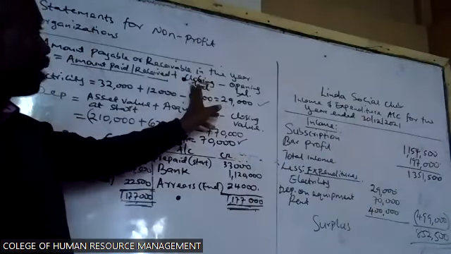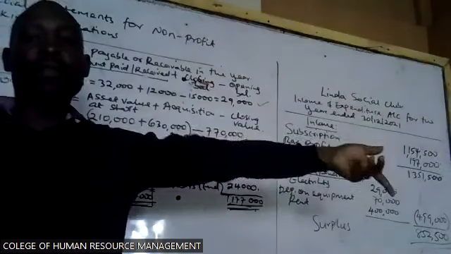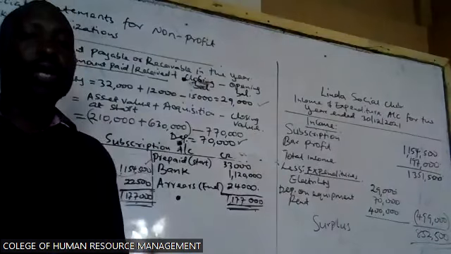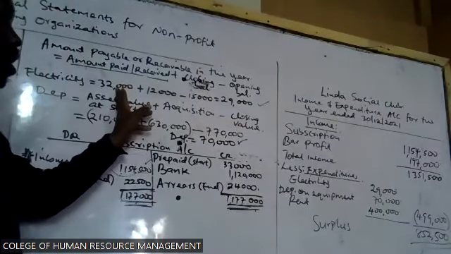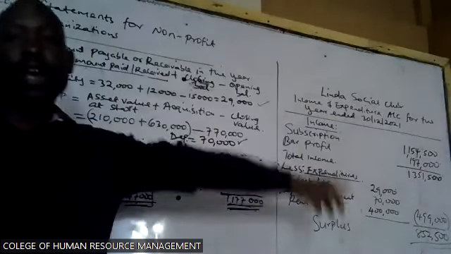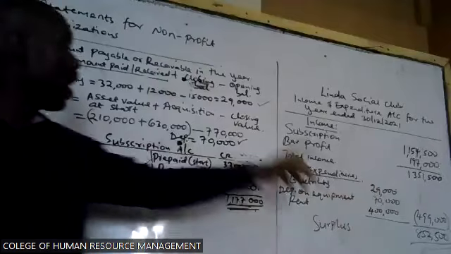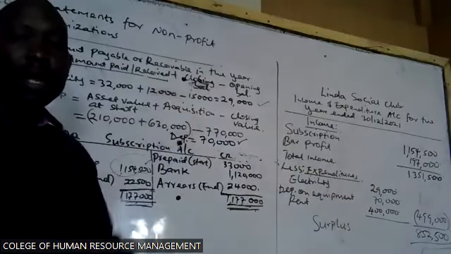So the closing balance is for this year. That's why we add. The opening balance is for the previous year. That's why we deduct, so that we can get this amount for electricity. This is what we pay. But as you are paying this, 15,000, it is for last year. And then by the end of this year, 12,000 has not been paid for this year.